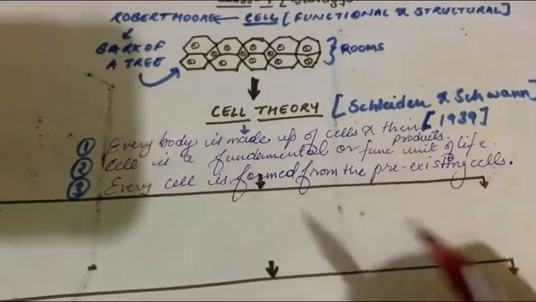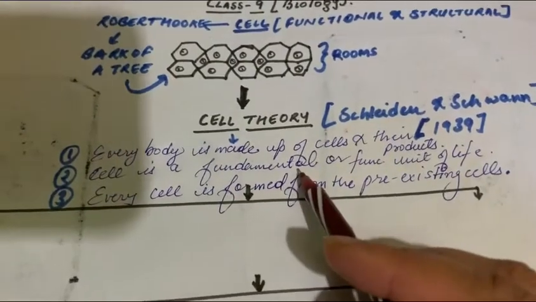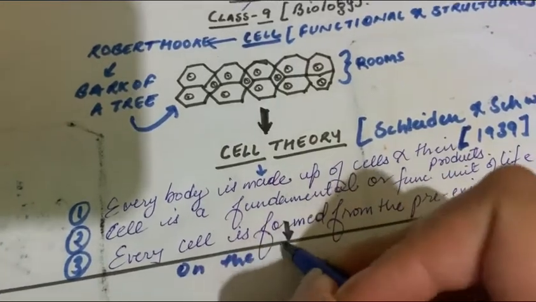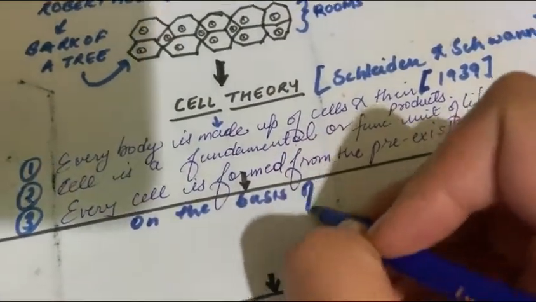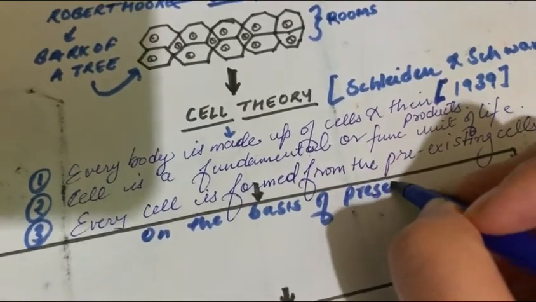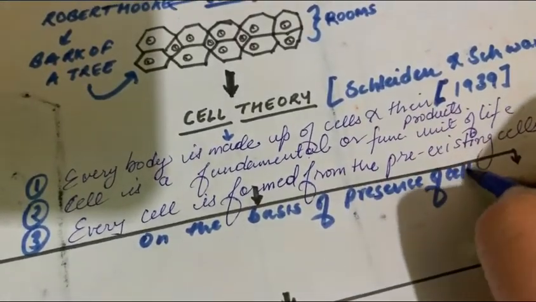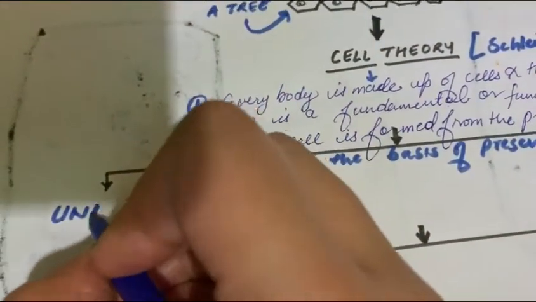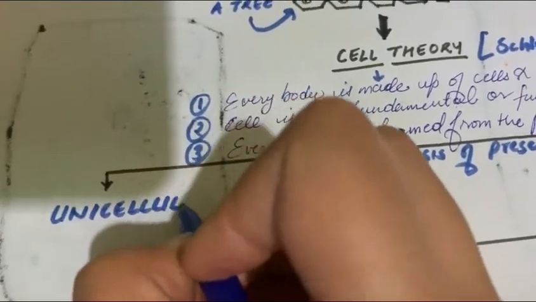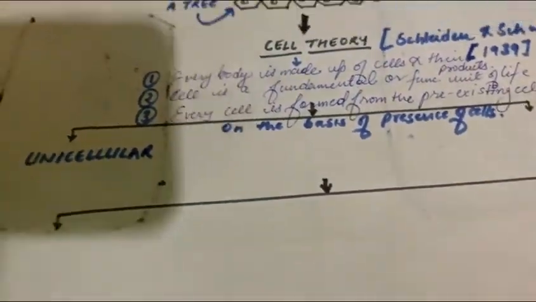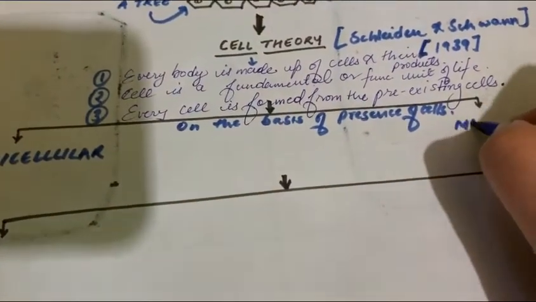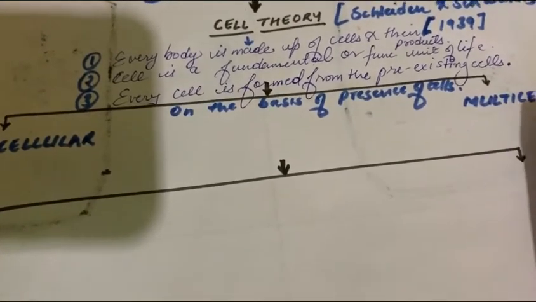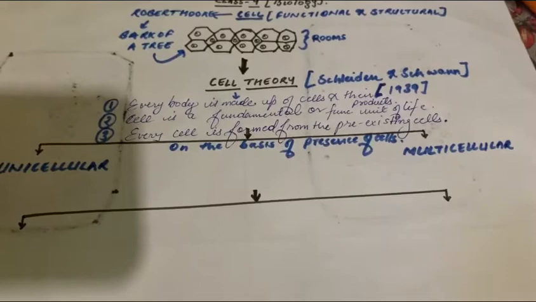Later, on the basis of the presence of cells, there are two kinds of organisms. The very first is the unicellular organism, and the other is the multicellular organism.